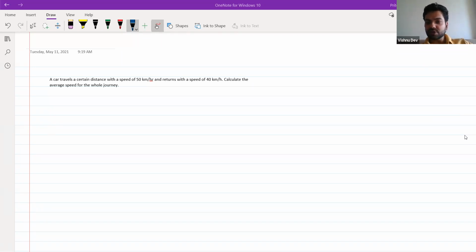I'm getting responses in seconds. Second is the SI unit of time, so if we are finding the average speed, it should be in meter per second.